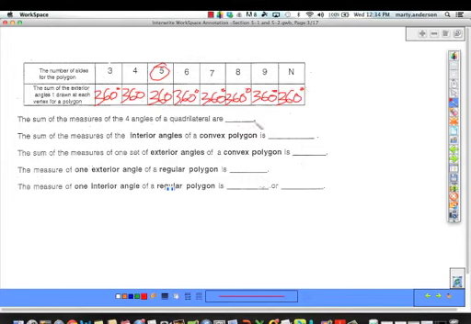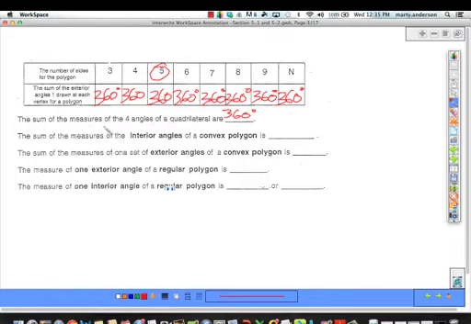being the total. So we've got our charts filled out on our worksheet, and now we're going to use some of our information just to get it all in one concise spot. The sum of the measures of the four angles of a quadrilateral. Okay, that's probably one that we've known our entire life. Sum of the measures of the four angles of a quadrilateral, 360 degrees.